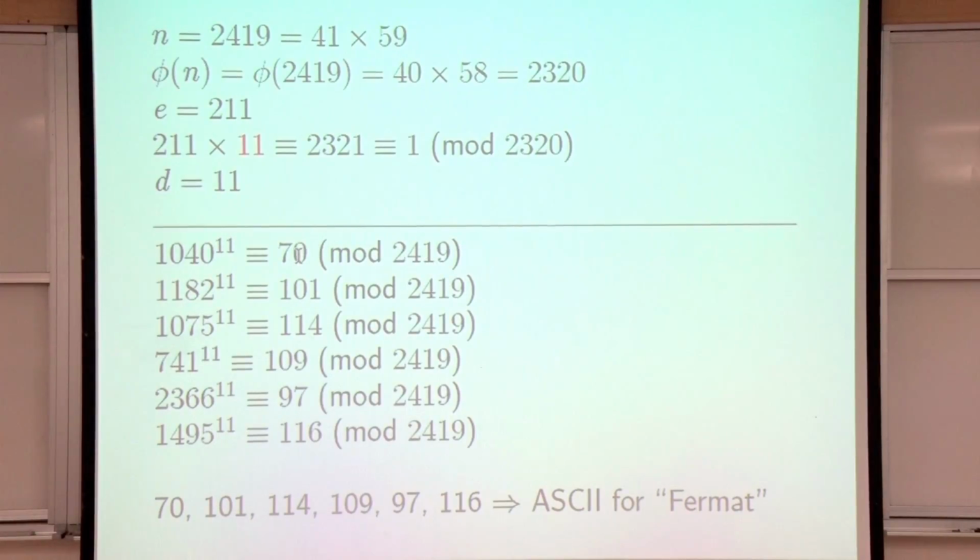So we can get the text. The numbers are actually equal to 17, 101, 114, 109, 97, and 116. So this should be the answer. And if you wonder where we get these numbers, I just typed them in MATLAB and converted to ASCII code.